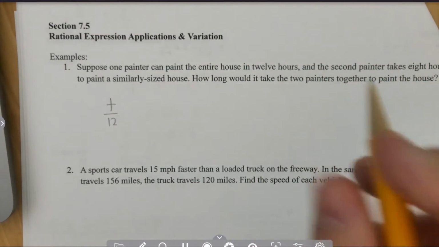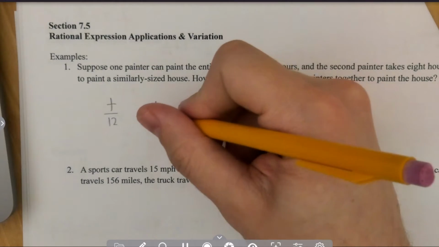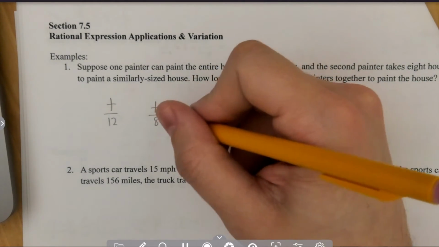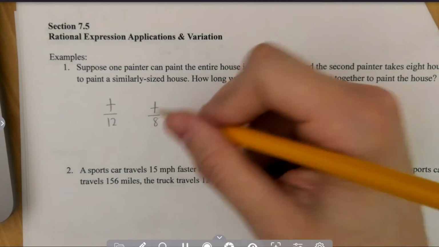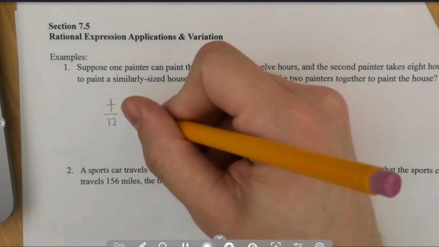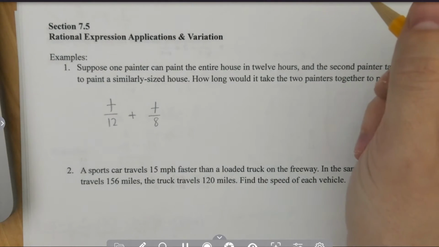Well, the second painter, the time is the same, an hour is an hour for each of them. This painter can paint it in 8 hours. So that's the fraction we set up, because once 8 hours have gone by, the second painter is done. Now, how long would it take them to paint a house together? Here's the trick. If they're working together, they are adding together.